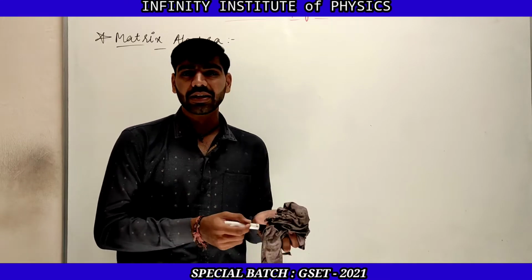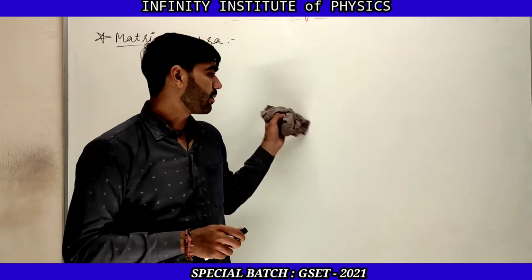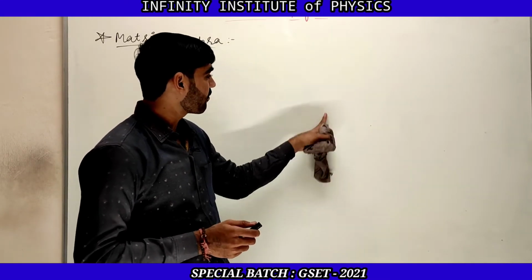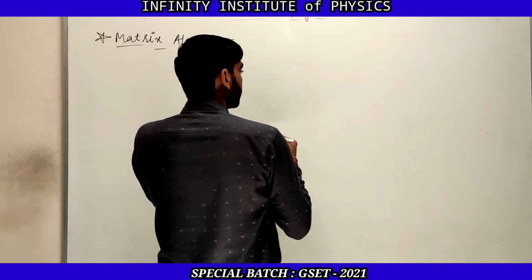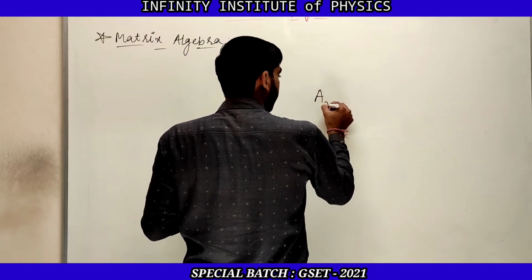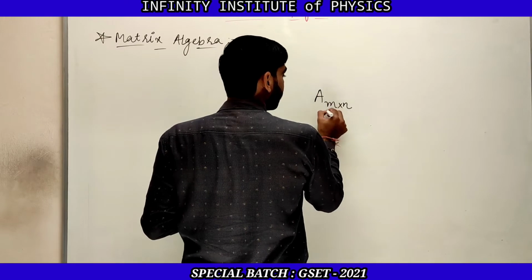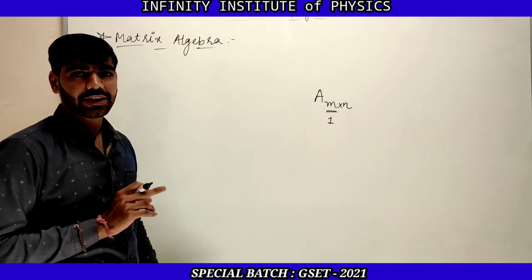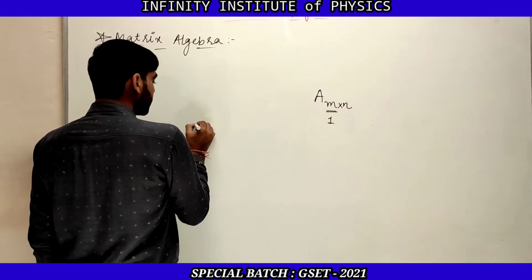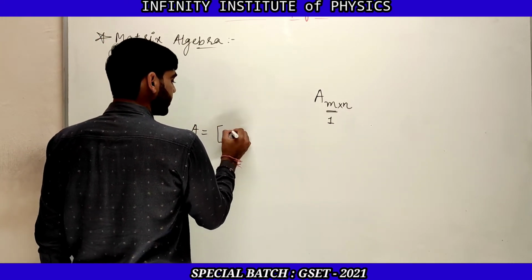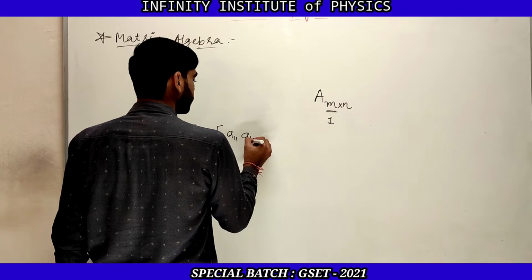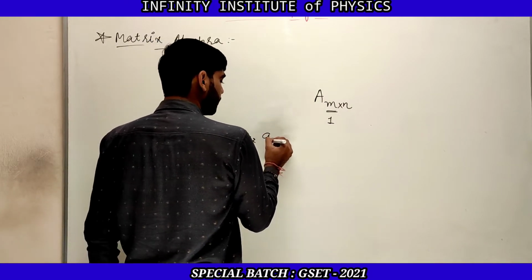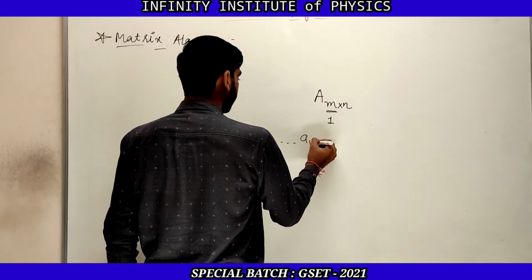So in particular, a matrix for which the number of rows is 1. If we let A_mn be any matrix, and the value of m is equal to 1, then we can say it is a row matrix, and we can write that row matrix as a11, a12, a13 up to a1n.